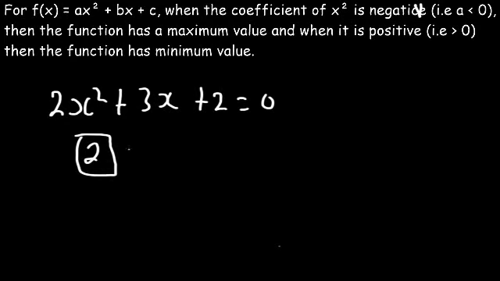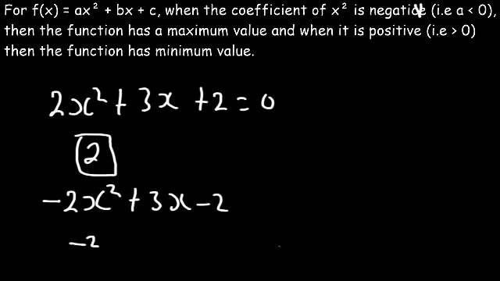So that's basically what it means. And if we are having minus 2x squared plus 3x minus 2, once the coefficient of x squared is negative, then after graphing, we are going to be having a maximum point. So that's the basic idea behind this.